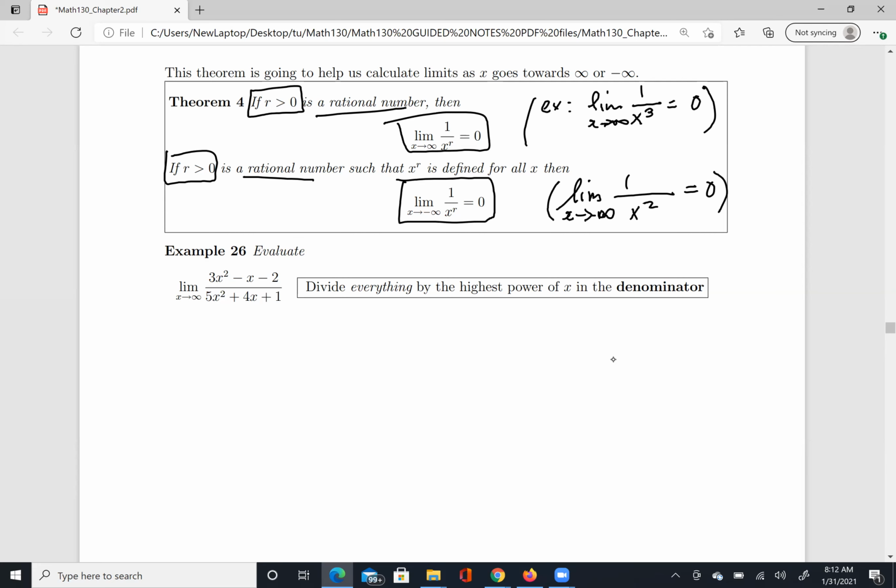So what I do is I'm going to have this equal to the limit of 3x squared over x squared minus x over x squared minus 2 over x squared, everything divided by 5x squared divided by x squared plus 4x divided by x squared plus 1 over x squared, for x going to positive infinity, right?